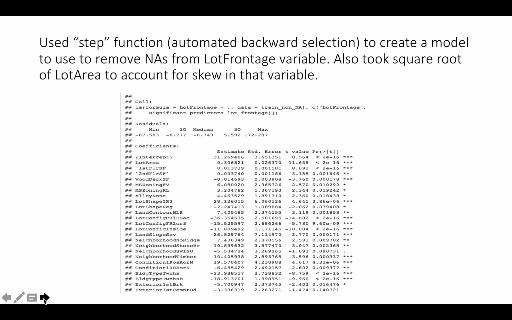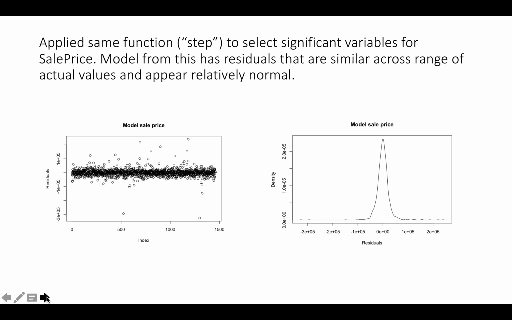So I actually, before I was even getting to the main model, I built a model to remove the NAs from lot frontage using the step function. And there were some other NAs I had to remove, but that was the main one that was really a lot of NAs in the data. So then I had all my variables.